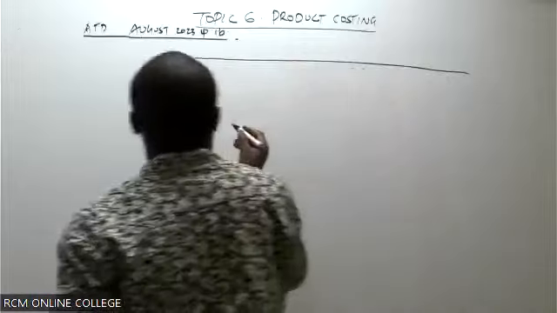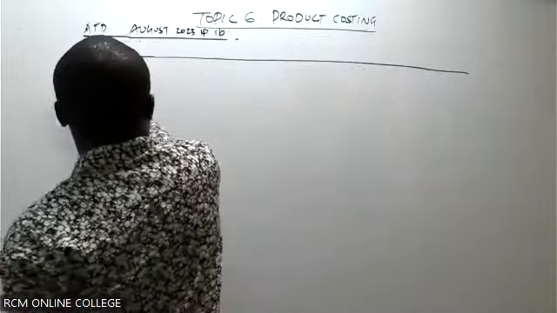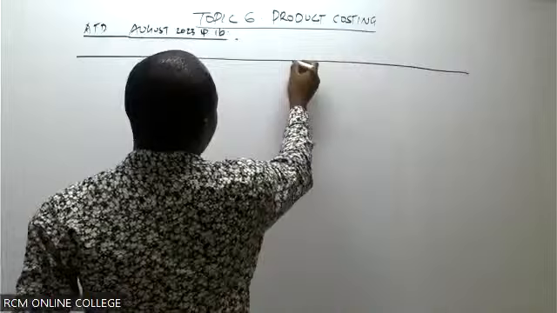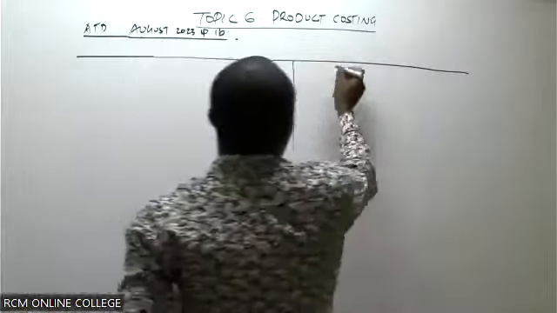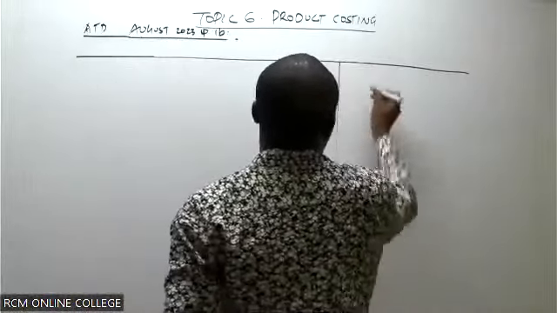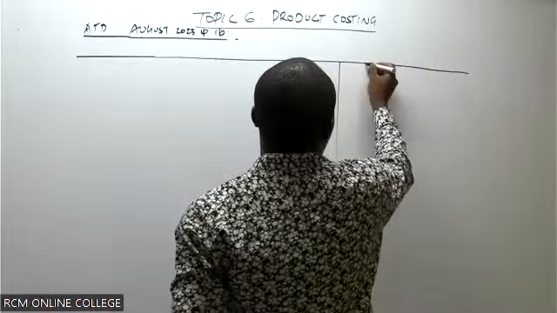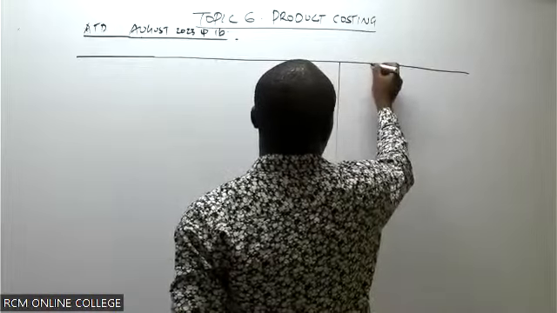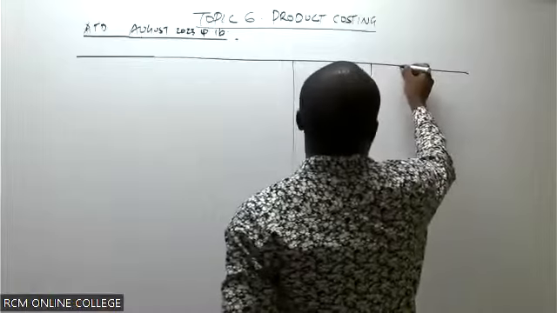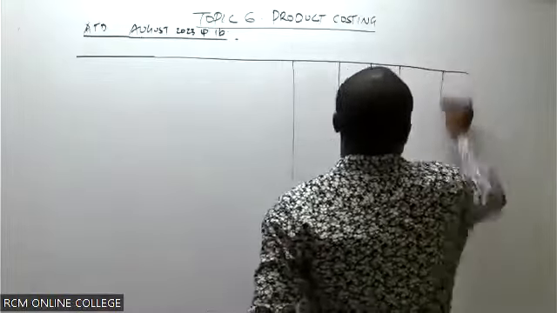So our process one will be having this particular format. We have units, we have cost per unit, and then we have amount.